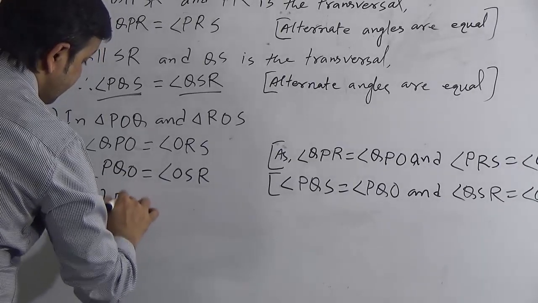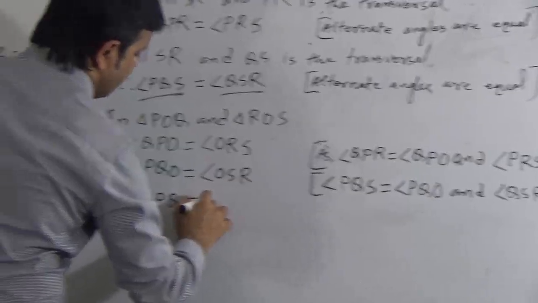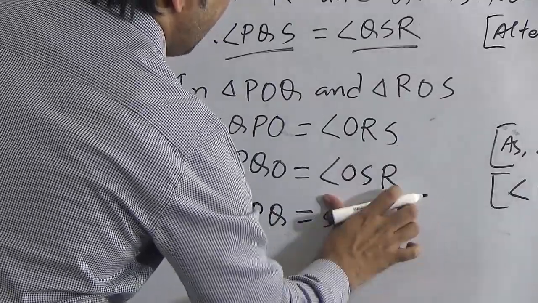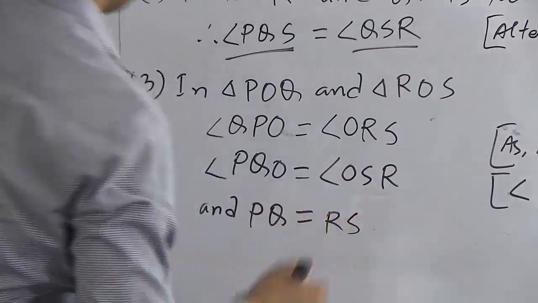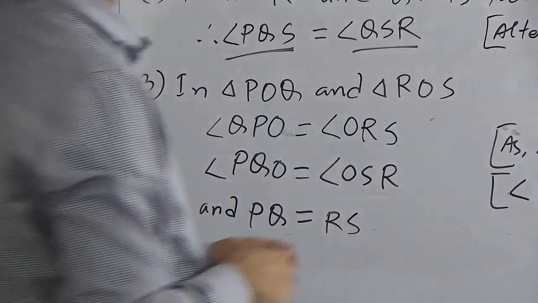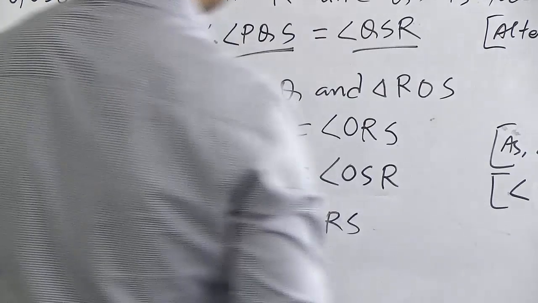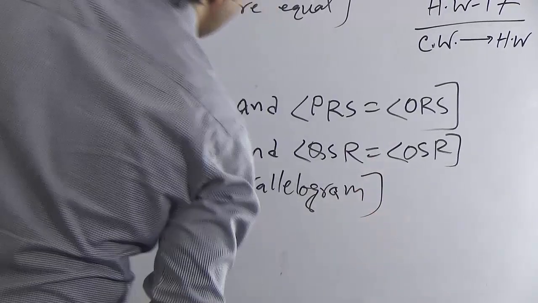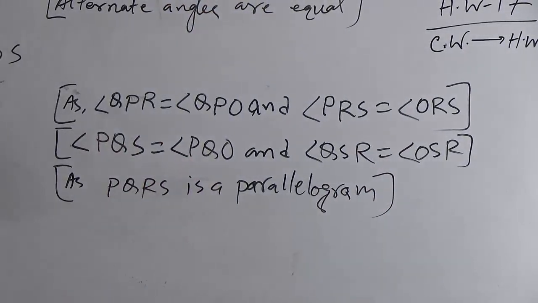So we can write PQ equal to RS, as PQRS is a parallelogram. Opposite sides must be equal.